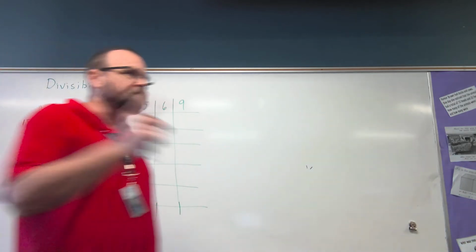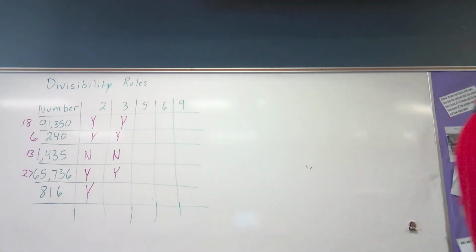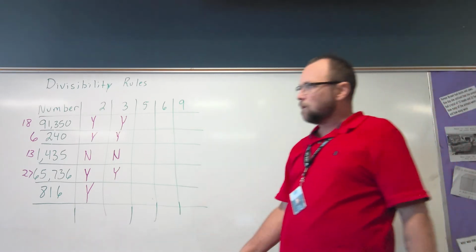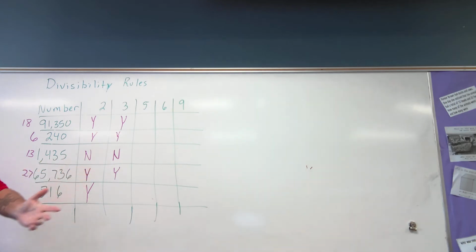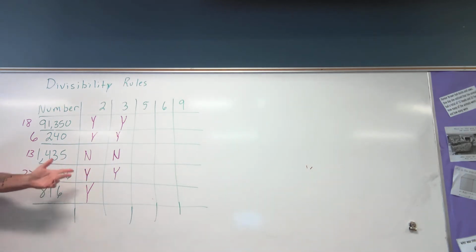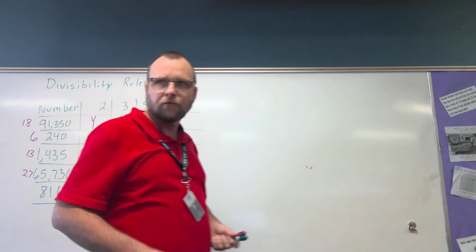That means 3 is a factor of 65,736. That means 3 times something equals 65,736. I didn't want to do all that division. But if I know the rules, so if you don't know the rules, you should put them in your journal. Oh, you already have it in your journal. 65,736 is divisible by 3.